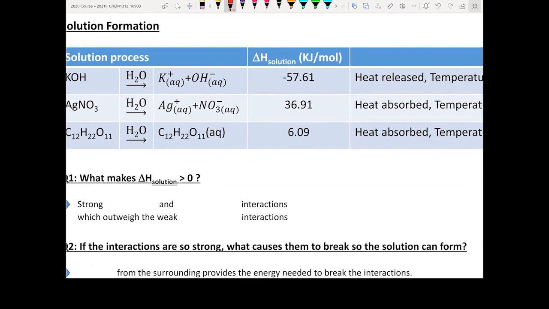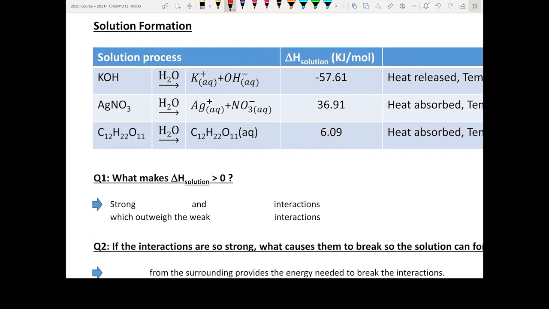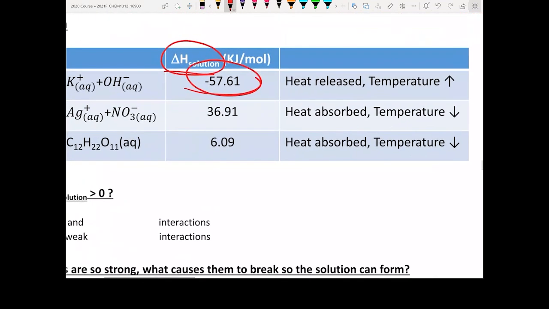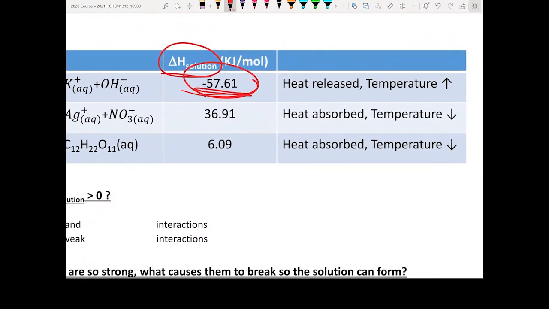This is some of the delta H solution. Remember, delta H solution means the sum of your delta H solute, delta H solvent, and delta H mixing, all calculated together. You can see here for your KOH, it is negative. The only term that gives you negative delta H is delta H of mixing, so it's going to form the solution naturally.